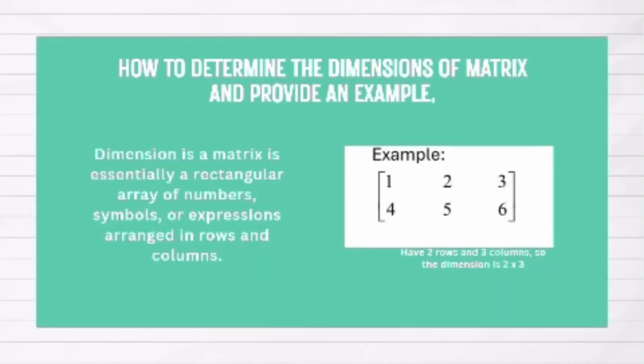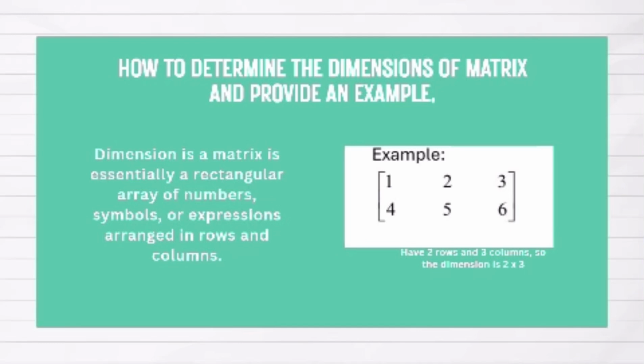Today I want to explain how to determine the dimension of a matrix and provide an example. First, to determine the dimension of a matrix, we count the number of rows and the number of columns. The format written is the number of rows multiplied by the number of columns.